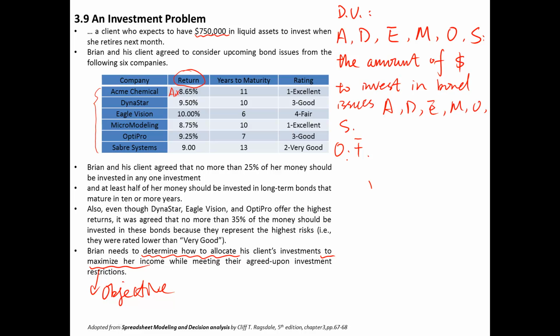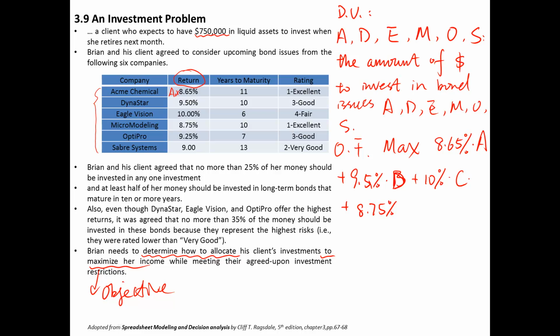So our objective function is to maximize the total return, which is 8.65% times A plus 9.5% times B plus 10% times C plus 8.75% times... I'm sorry, I put ABC.